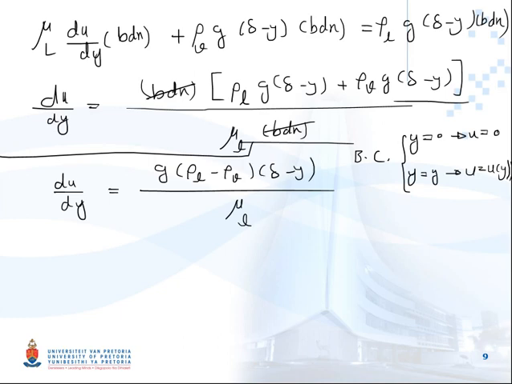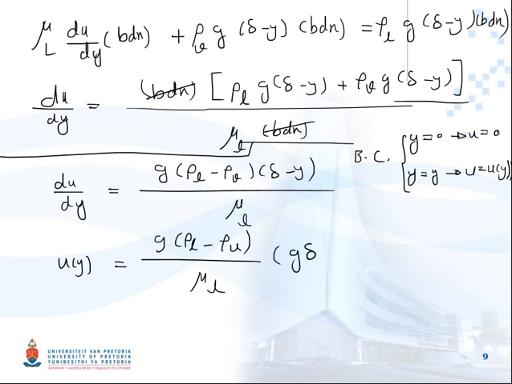Okay, so if we do the integration and apply the boundary condition, we will have u(y) equal to (rho L minus rho v) divided by mu L times (delta minus y/2) y.